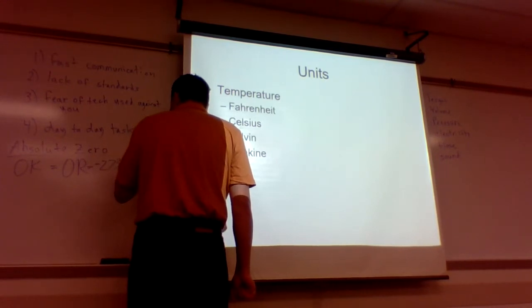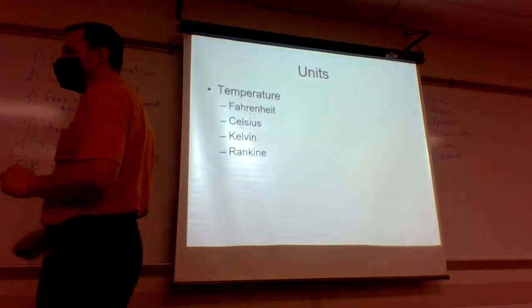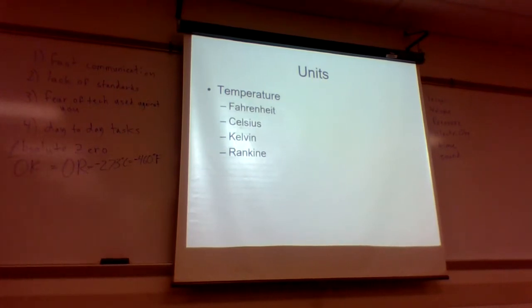So minus 460 degrees Fahrenheit, approximately, is absolute zero, or 0 Rankine. To get Rankine from Fahrenheit, you just add 460. It's the same way to get Kelvin from Celsius, you would add 273.